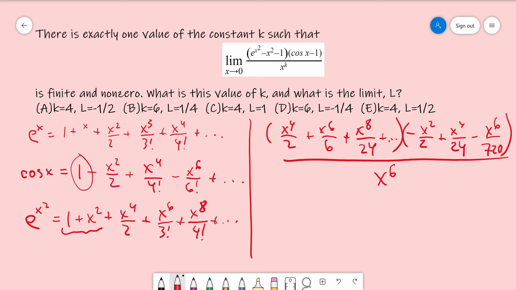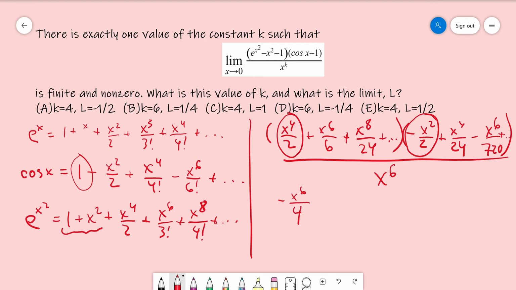Now if we look at this, what we see is that when we multiply these two polynomials in the numerator, this is going to be plus dot dot dot, then our leading term is going to have x to the 6th. We're going to take this x to the 4th and this x squared, multiply them together, and we'll have negative x to the 6th over 4.